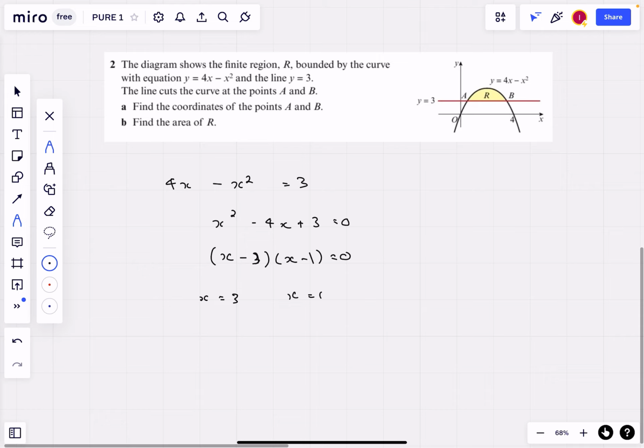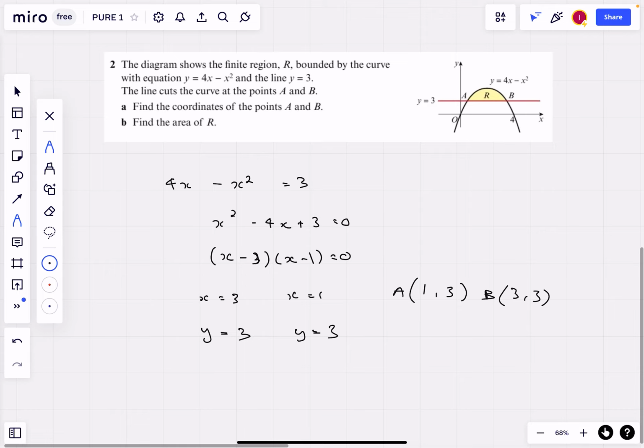When x equals 3, y equals 3. And when x equals 1, y still equals 3. So the two coordinates are (1, 3) and (3, 3). That's A, that's B. Cool.